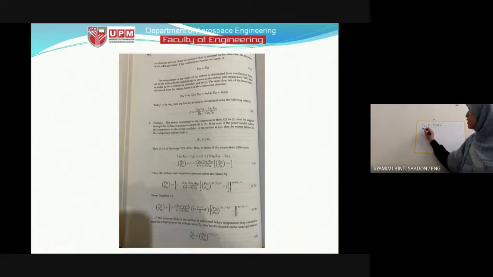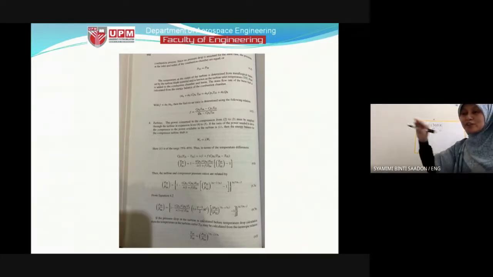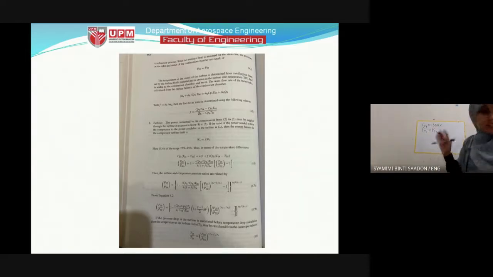And PO4, ideal case, so PO4 equals PO3, no pressure loss, constant pressure during the combustion process. So PO3 just now was 191.33 kilopascal. Okay, so 0.4 is settled.